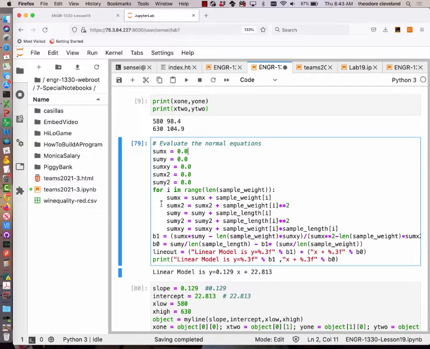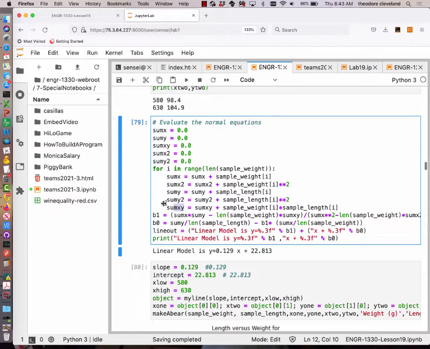And so we're going to have a sum of the x, sum of x squared, sum y squared, and then sum of the cross terms. And then we'll divide everything by the appropriate count and use that to get our slope and our intercept. So let's go ahead and run that.